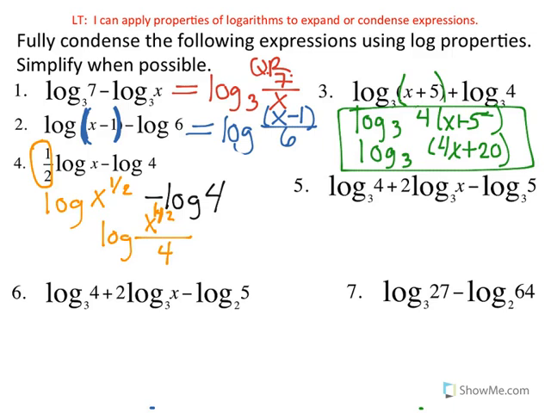Have we simplified as much as possible? No, we haven't. Because what is x to the 1/2 power? X to the 1/2 power is the same thing as the square root of x, and then divide by 4.